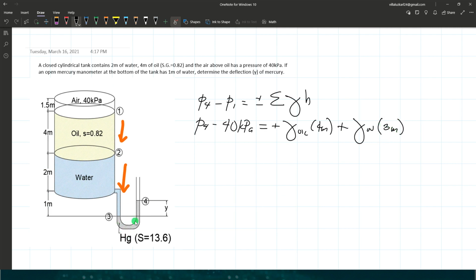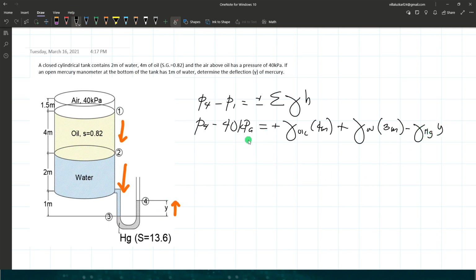Then the third fluid is the mercury. So starting at point 3 to point 4. Point 4 is above point 3. So it means we have an upward direction. So that's negative. Negative unit weight of mercury times H, which is Y, the deflection of mercury.